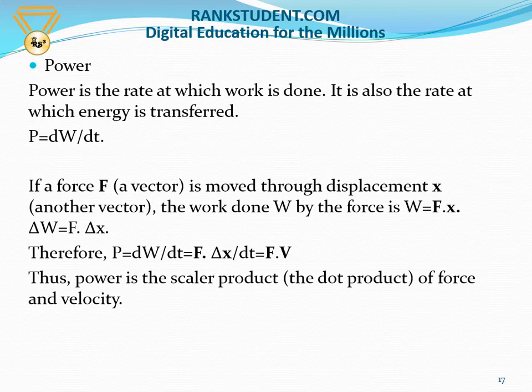The incremental work, delta W, equals F dot, the incremental change in position, delta x. Therefore, P equals dW by dt works out to be F dot V, namely the power is the scalar product, the dot product of force and velocity.